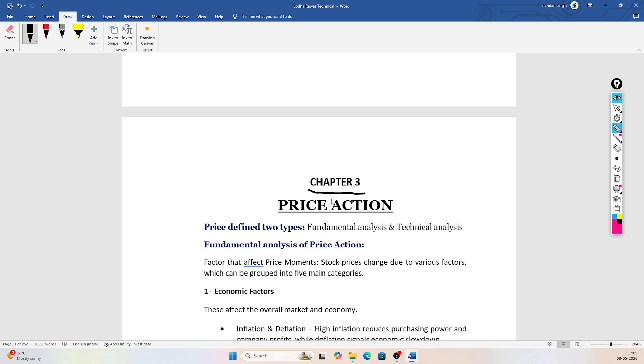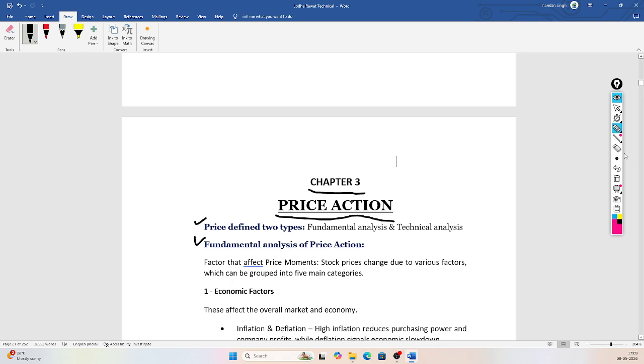Chapter 3, Price Action, as you know. So we learned price is defined by two types of analysis: fundamental analysis and technical analysis. In fundamental analysis of price action, there are basically five main categories.